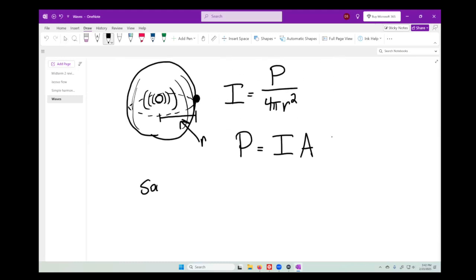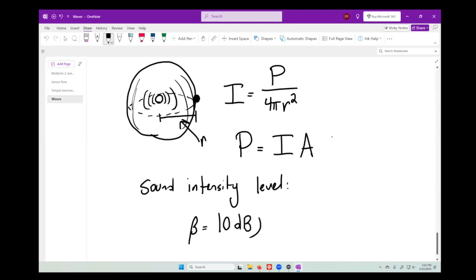All right, instead of measuring the intensity directly, we can also use the sound intensity level, or in general intensity level. This is used for other types of waves as well. Okay, this is effectively just the base 10 logarithm of the intensity.